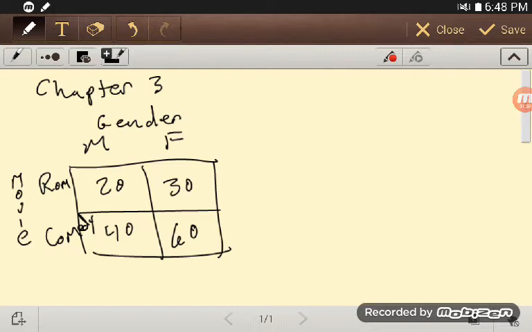Well, so if this is the kind of thing that happened, now we can get totals for our rows and columns, 50 and 100. Here we have 60 and 90. And if we add those together either way, we get 150.